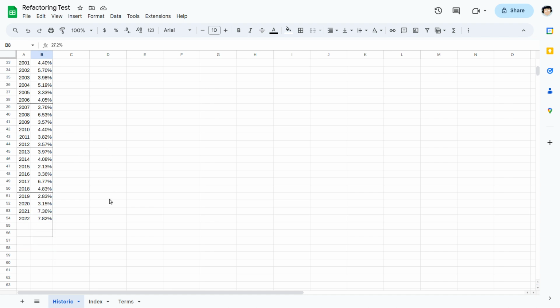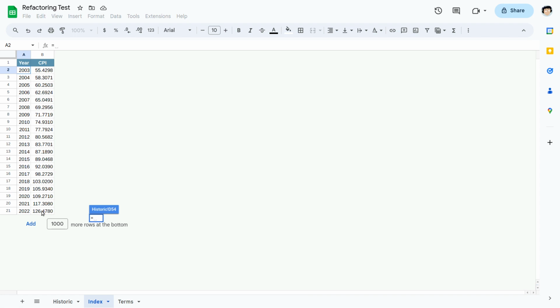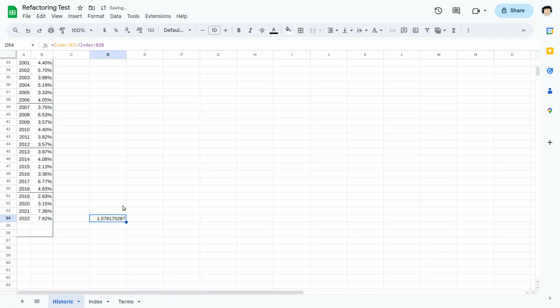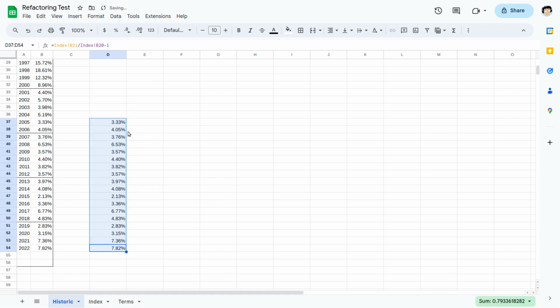Like, for example, if I divide this index, 2022 by 2021, and subtract 1, I get exactly the same number that I found in this other resource, but only up to a point.